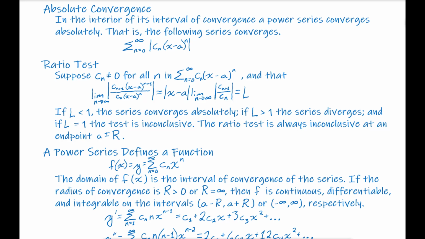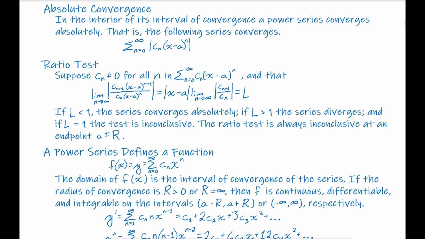So we're looking at the absolute value of that ratio, and we could simplify that and say, you know what, that actually equals the absolute value of x minus a times the limit as n approaches infinity of c sub n plus 1 divided by c sub n. And we assign that limit a value L. Now we're guaranteed that L is going to be a positive value since we're taking absolute values in this ratio and multiplying them together.